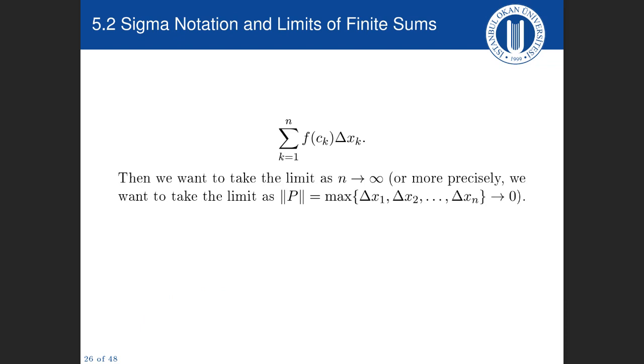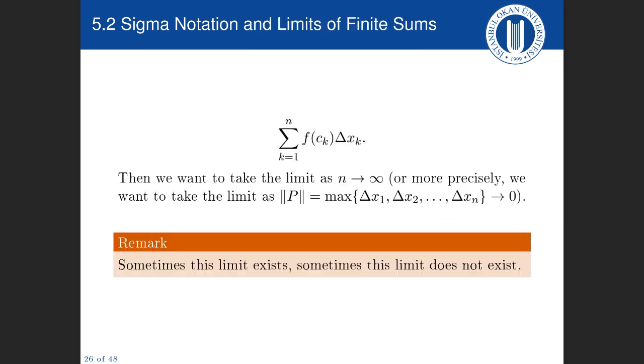We need to be a little bit more careful. Actually, we want the maximum width of the rectangles to tend to 0. So if you want to, you can think of this as n tends to infinity, and in practice that's what we're going to use. But really what we need is that the maximum width of the rectangles tends to 0. Sometimes this limit exists, and sometimes this limit does not exist.